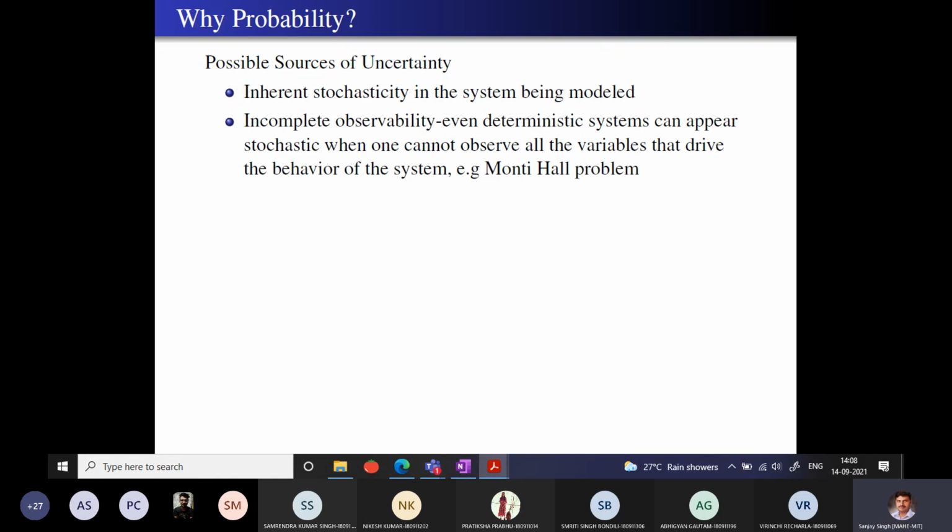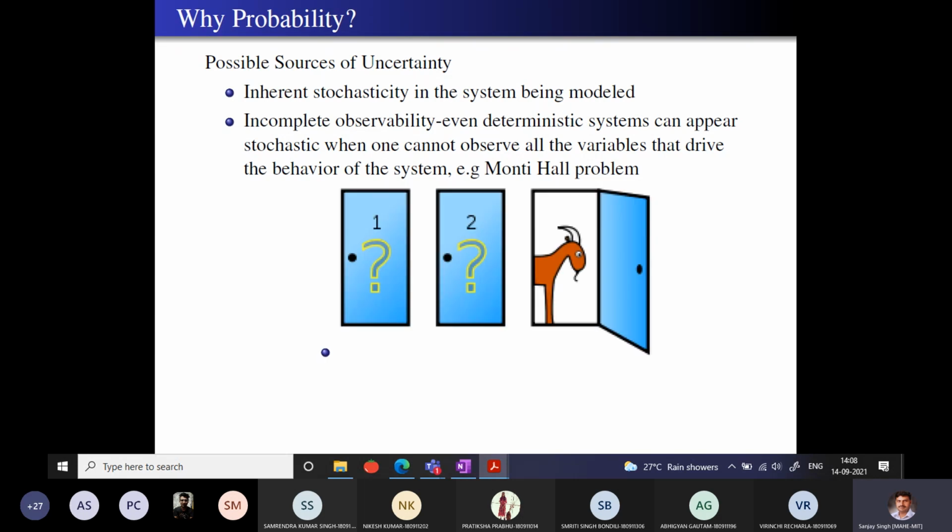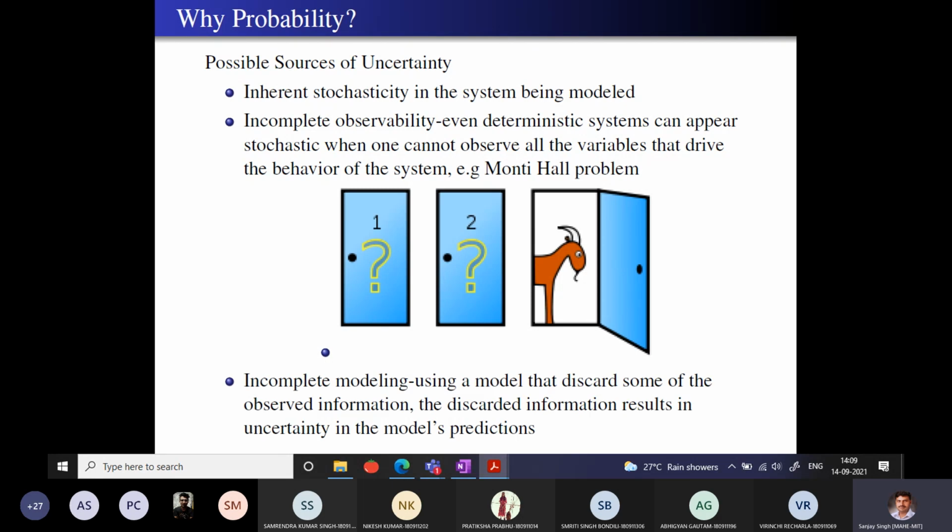And incomplete observability. For example, even a deterministic system can appear stochastic when one cannot observe all the variables that drive the behavior of the system. For example, the Monty Hall problem. It's a very old American TV program where three doors are there and the person is asked to open a door. Behind one will be a goat or something else, and behind one particular door will be the actual prize.